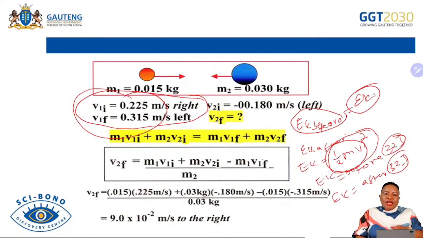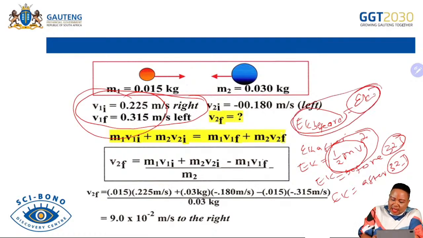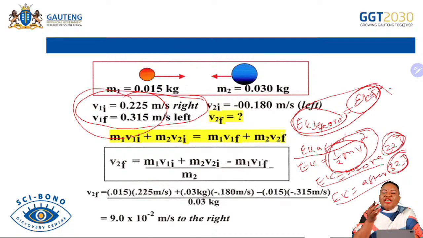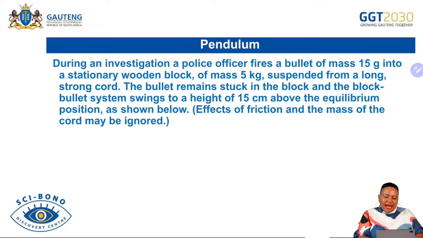You need to state it as a statement, because the question will say, will this collision be elastic or inelastic? So that is why I'm saying we don't just say EK before is equal to EK after. This is incorrect. Calculate EK before collision and calculate EK after collision. Compare the two values, and then you come up with a conclusion to say, is the collision elastic or inelastic?